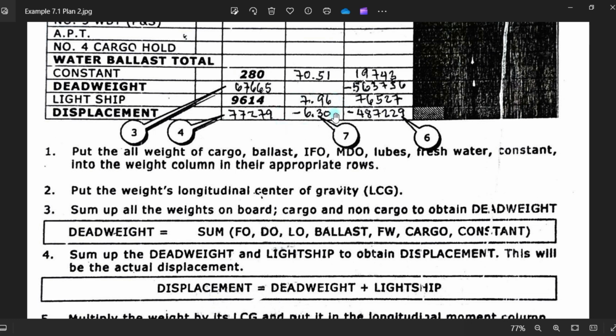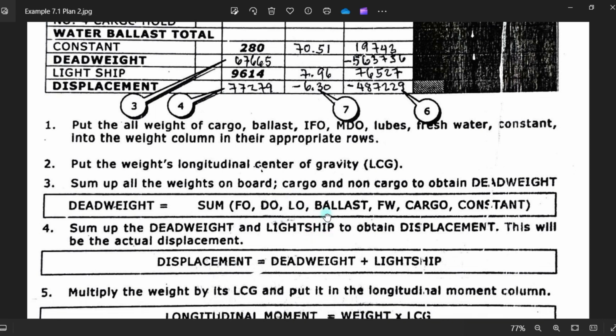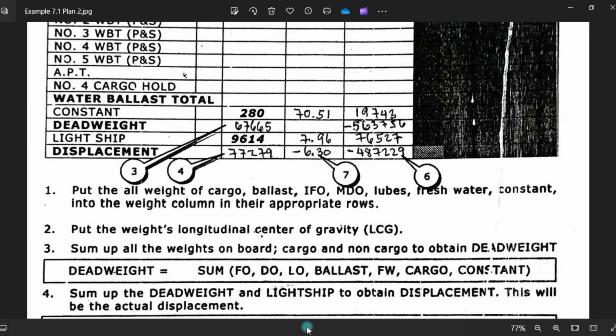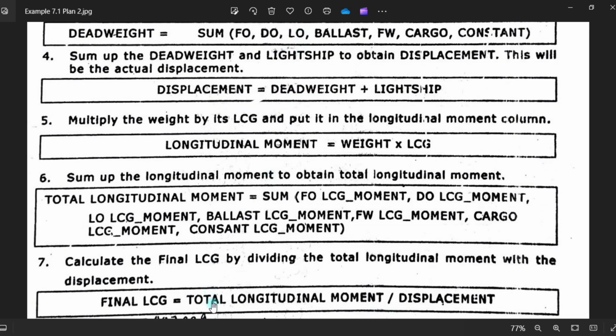This will be your final LCG. Okay, so we will get the final draft of this. What is the draft of this displacement of 77279? Okay, so we have already got this final LCG, so we'll get the draft for this displacement. So let's check, guys.